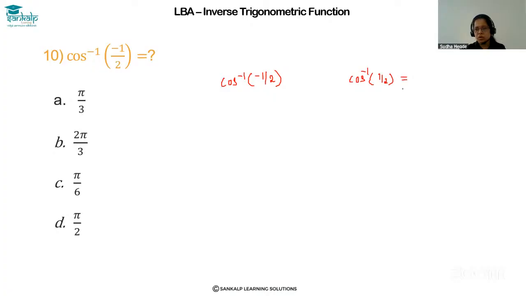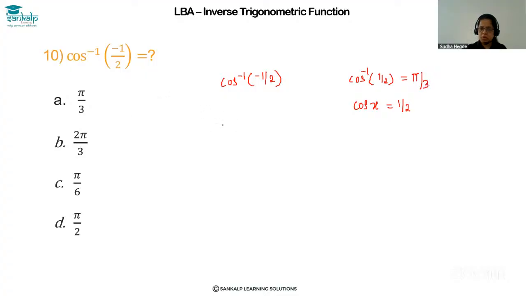For what value of cos x you are going to get the answer as 1 by 2. Cos 60 is 1 by 2, right? What is cos 60 in radian? It is pi by 3. Therefore, cos inverse 1 by 2 is pi by 3.